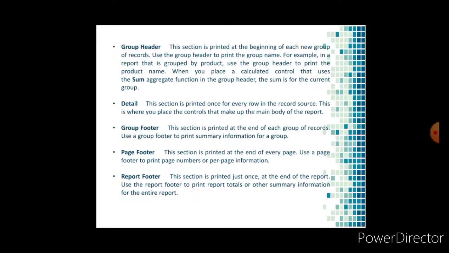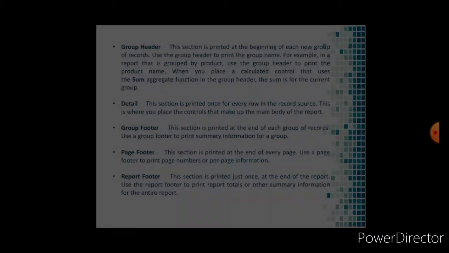This section is printed at the end of every page, and you use the page footer to print page numbers or per-page information. And the final section is the report footer. This section is printed just once at the end of the report. Use the report footer to print report totals or other summary information for the entire report.